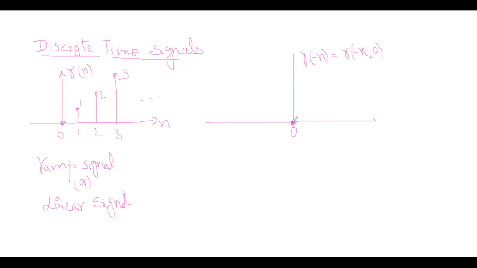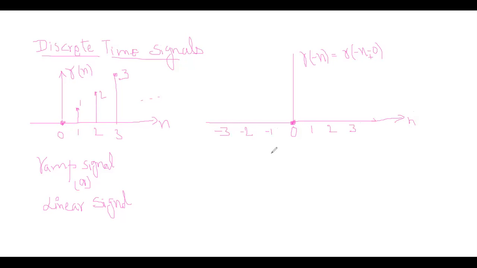There is no change in the 0 value. For the n values 1, 2, 3, and so on, I am taking here minus 1, minus 2, minus 3.